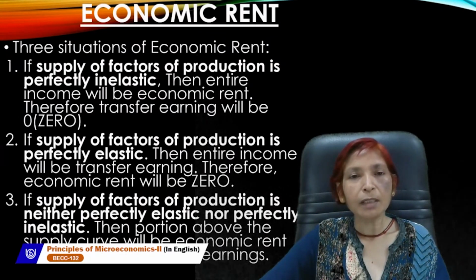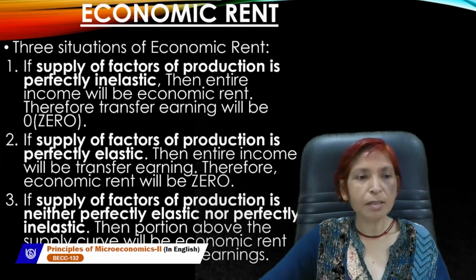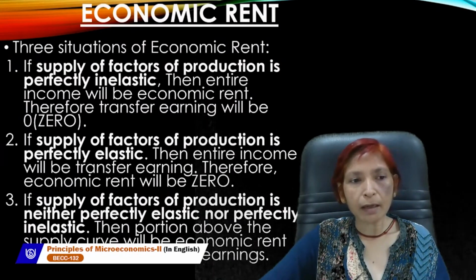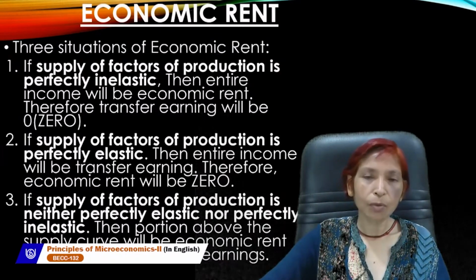Then what will be the condition of economic rent? If the supply of factors of production is perfectly inelastic, the curve will be vertical, then the entire income will be economic rent and therefore transfer earning will be zero.